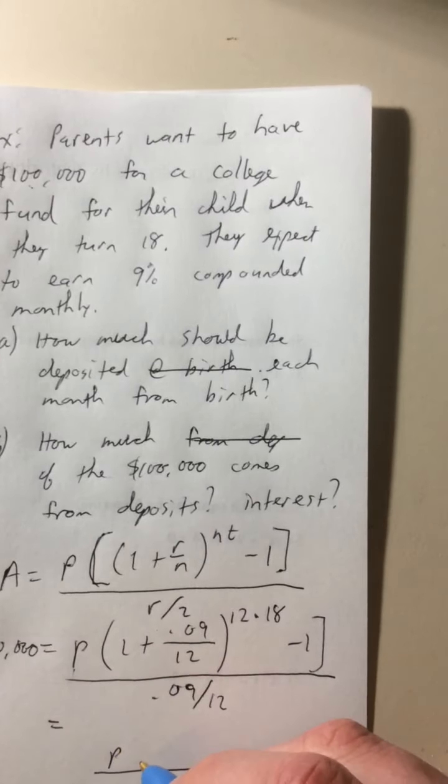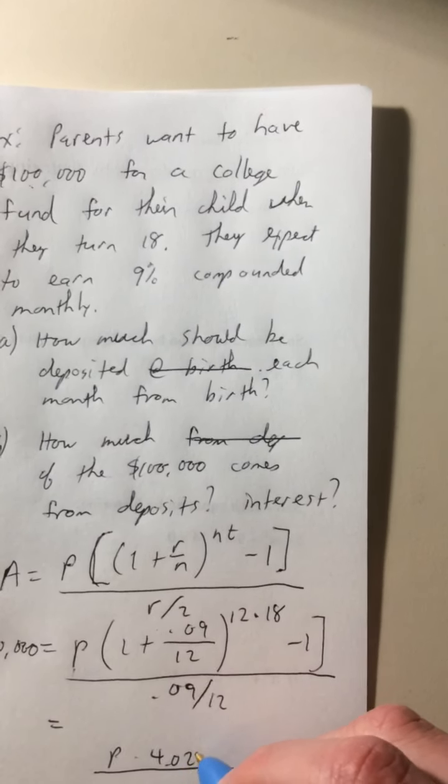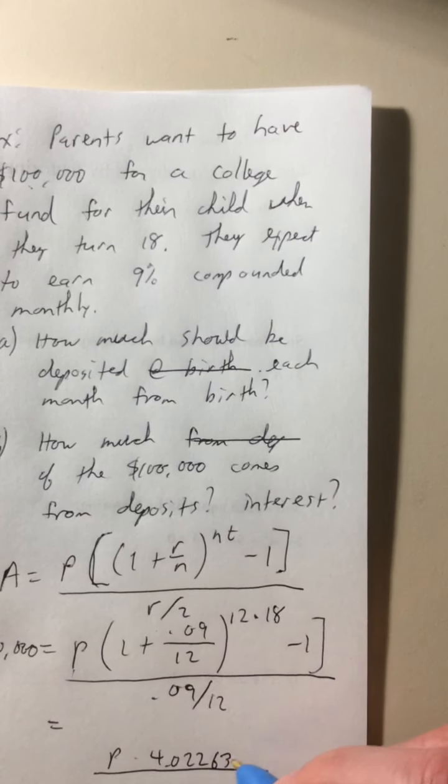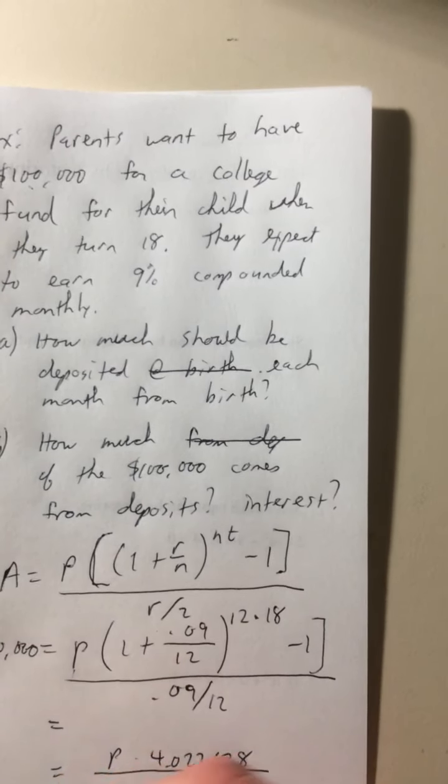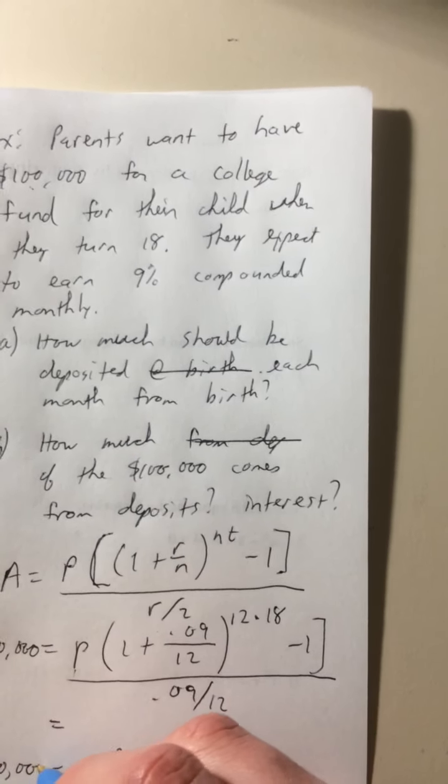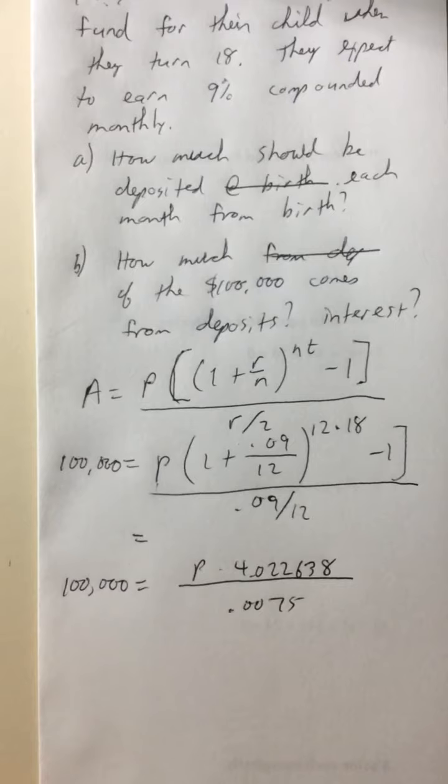So we got P times 4.02263, and make that an 8, and we want to have 100,000 at the end. So there it is, we got 100,000 at the end.